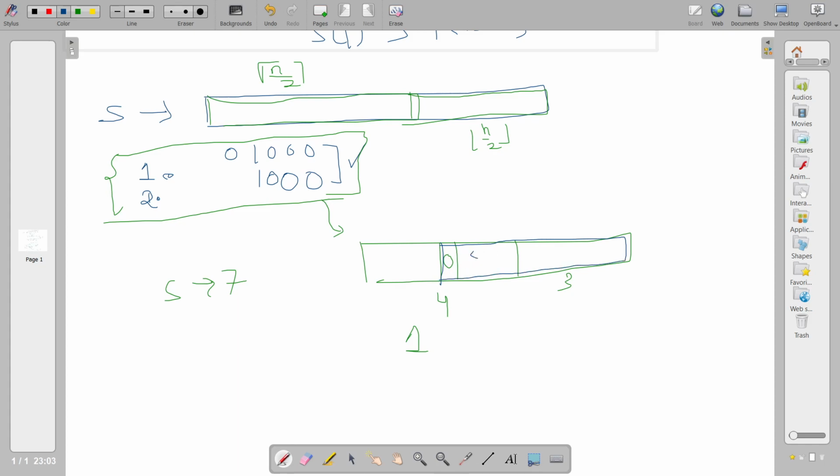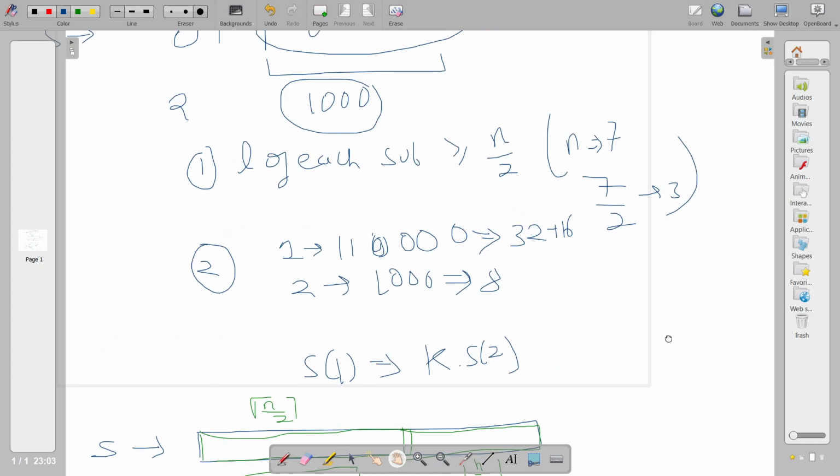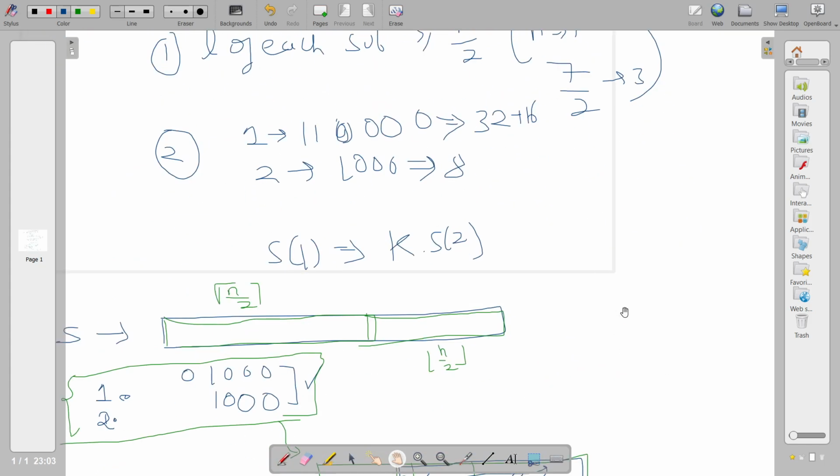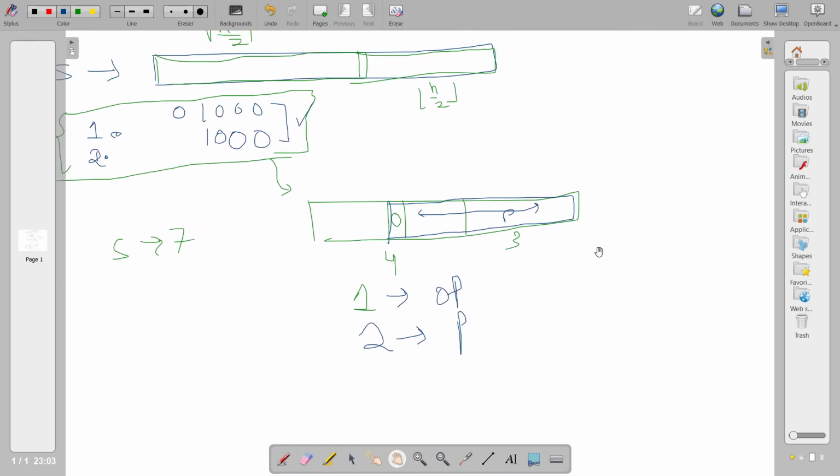Let's call this entire thing P. So the first string would be 0P and the second string would be P itself. The condition that they are multiples of each other is valid. The other condition we had to check was that their length is greater than or equal to n by 2, and that is also fulfilled because this has a length of floor of n by 2.